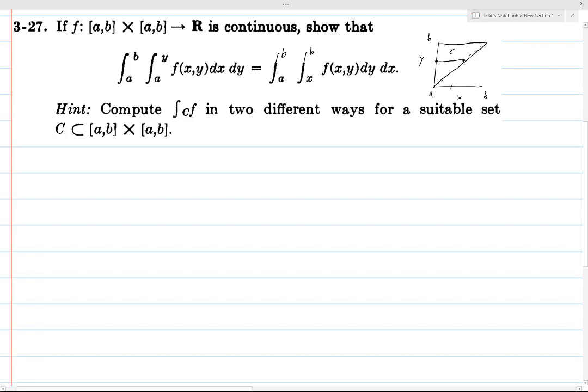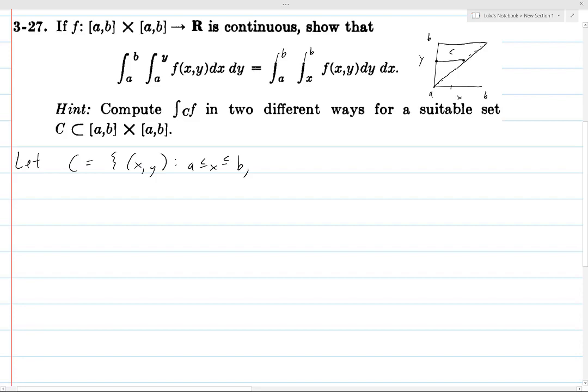Now we are done with starting the problem, so now we start the problem. I'm going to let C equal the set of all points (x, y).